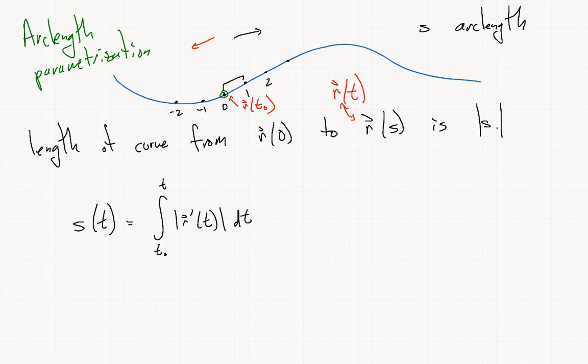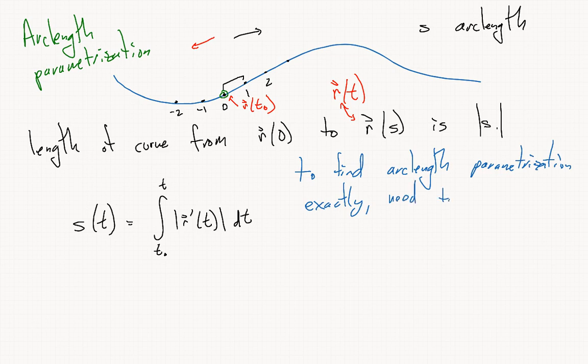So to find the arc length parametrization, if we were given a parametrization, to find the arc length parametrization exactly, we would need to solve for t in this equation, or solve for t in terms of s.